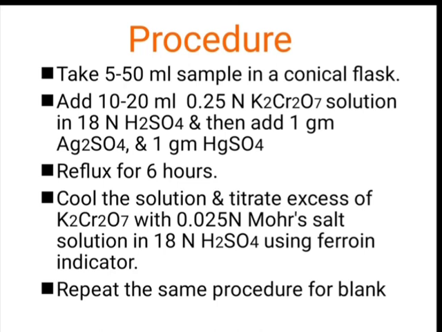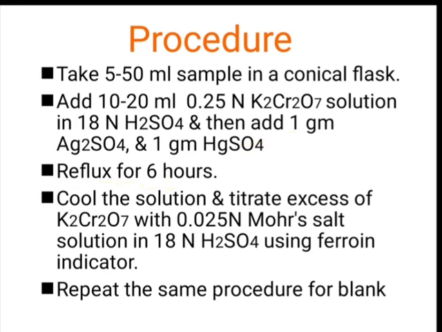Initially we have to take 5 to 50 ml sample solution in a conical flask. After that we add 10 to 20 ml of 0.25 normal potassium chromate solution in 18 normal H2SO4, and then add 1 gram of Ag2SO4 and 1 gram of HgSO4 in the same conical flask and reflux this solution for 6 hours.